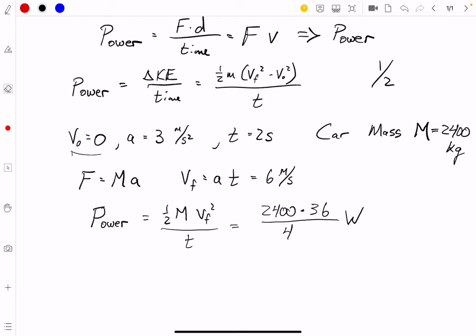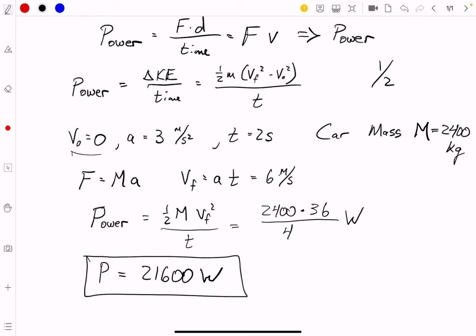My power is now 36 divided by 4 is 9. So it's 9 times 2,400. I've got 21,600 watts.